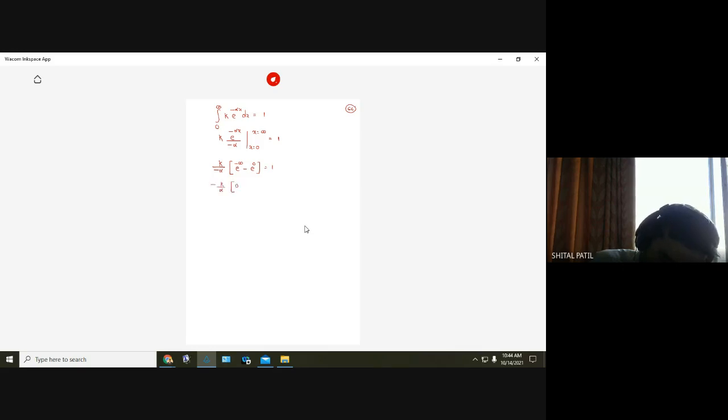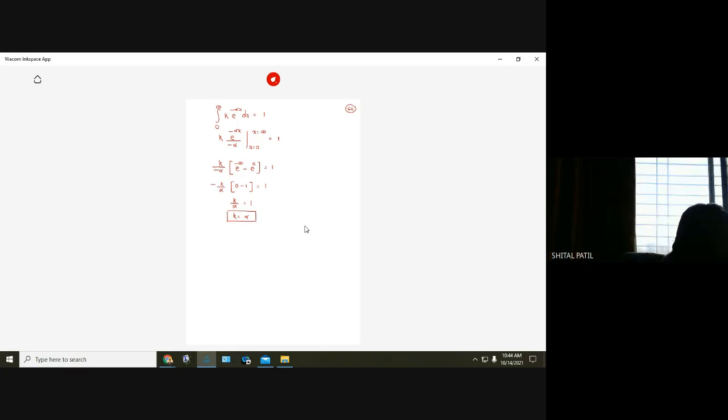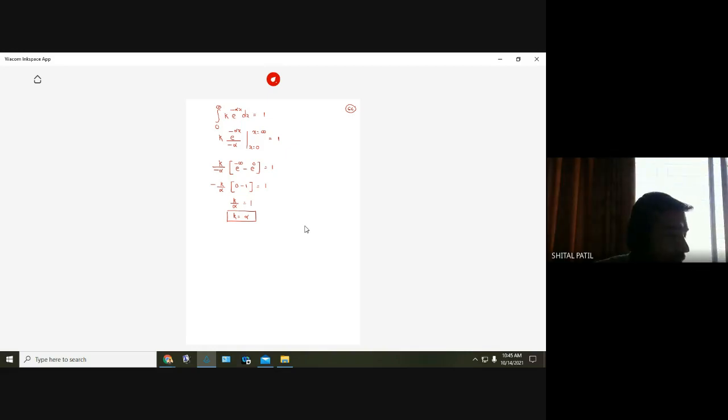E raised to minus infinity is 0, e raised to 0 is 1. So k equal to alpha. Getting everyone? Okay. This is all about the probability distribution.